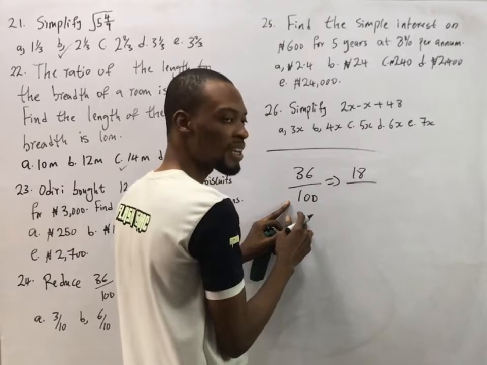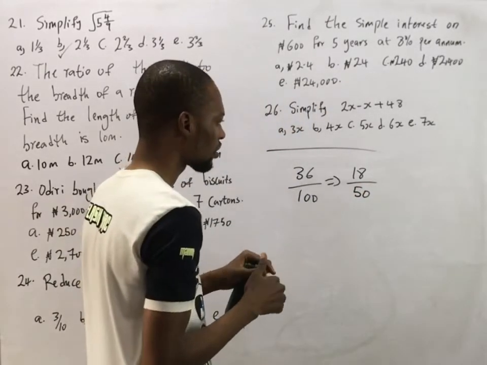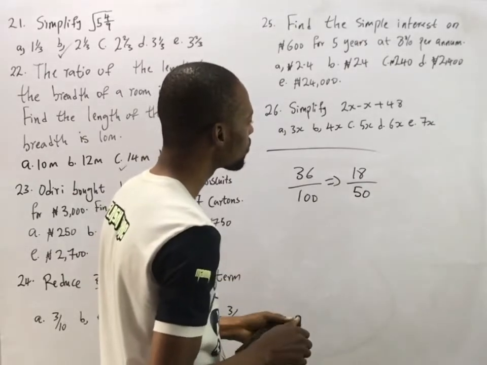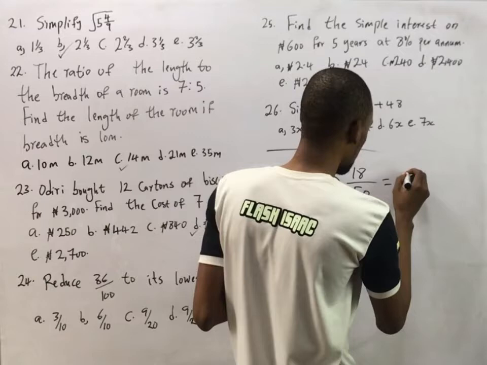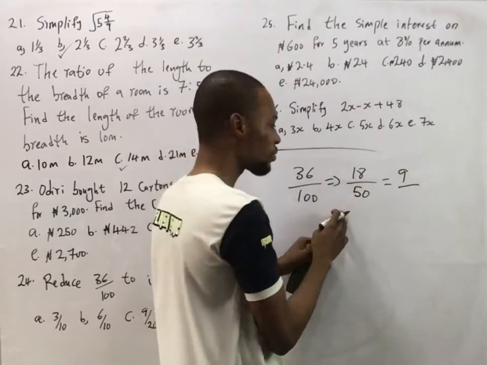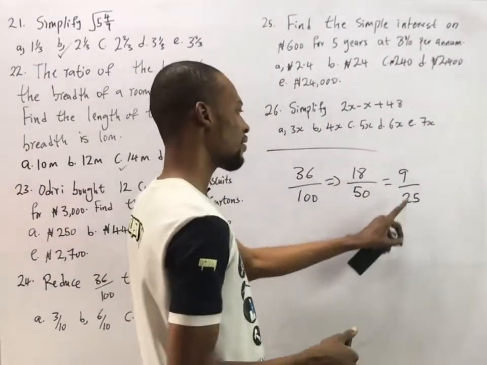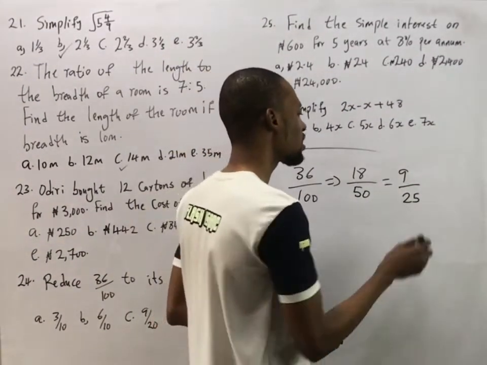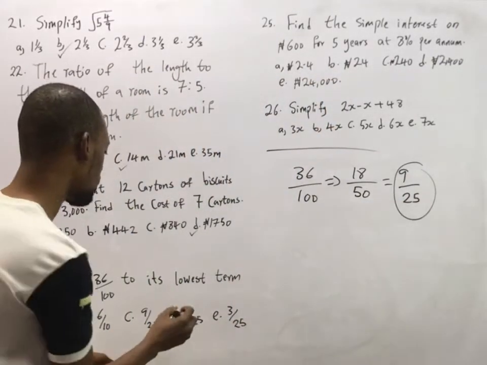Over 100 divided by 2 will give you 50. 18 divided by 2 will simply give you 9. Over 50 divided by 2 will give you 25. 3 can't go into 25, or it can go into 9. So this is the lowest form, 9 over 25. So that's option D.